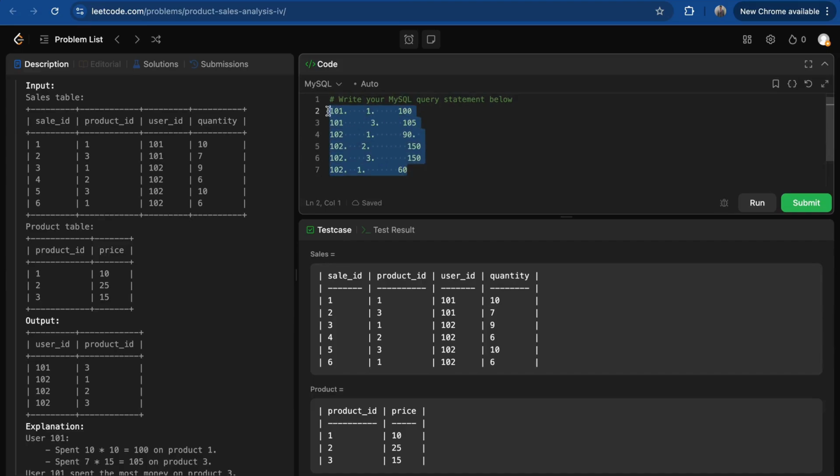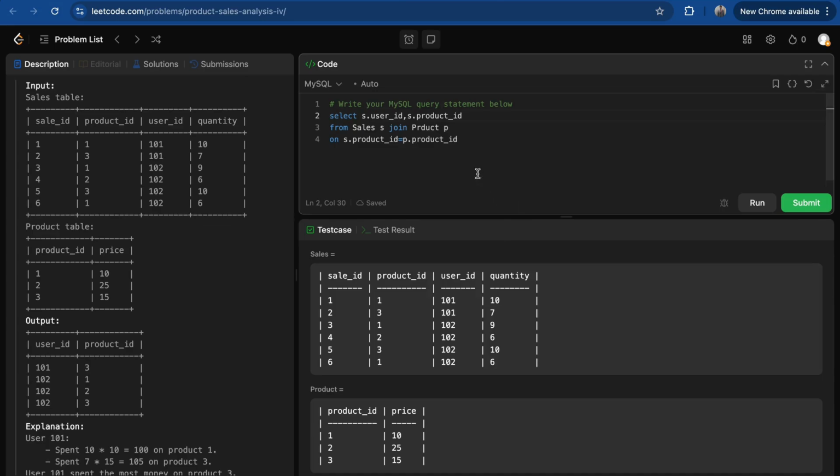So let's see how we can get it. To get the total amount we have to join these two tables. We will be joining using the inner join, product p on s.product_id equals p.product_id. What we have to return is the user ID, which will be coming from s, and s.product_id.